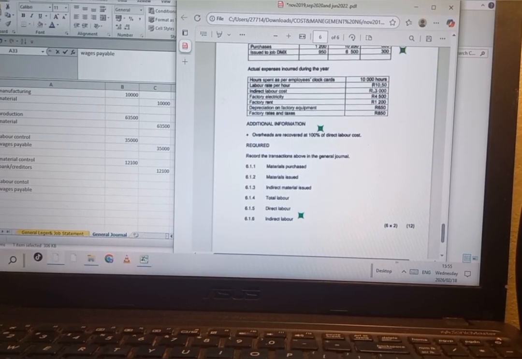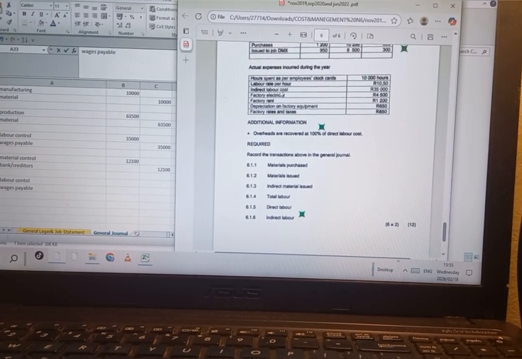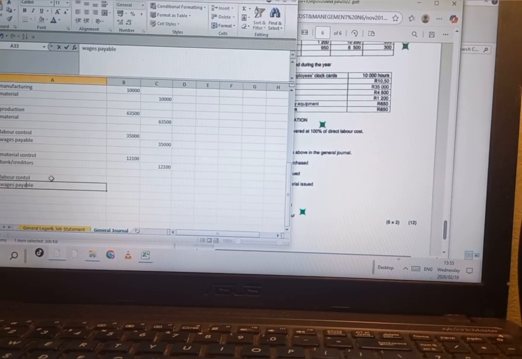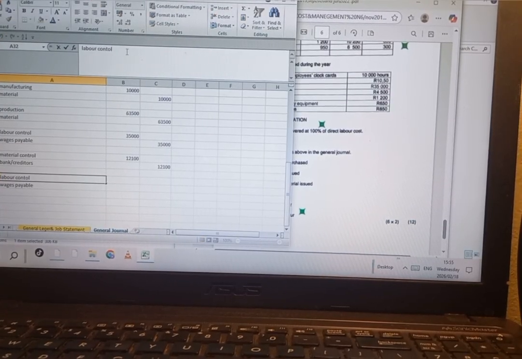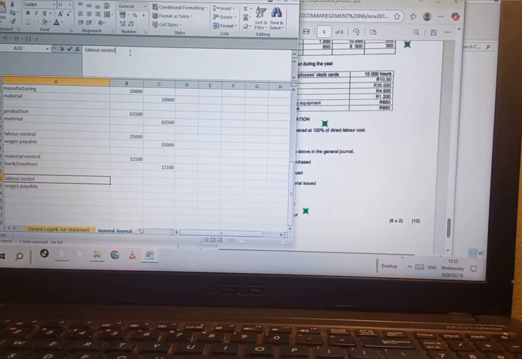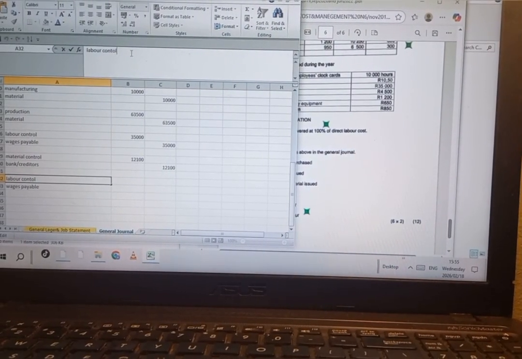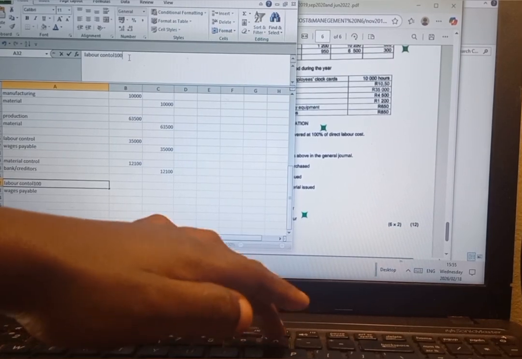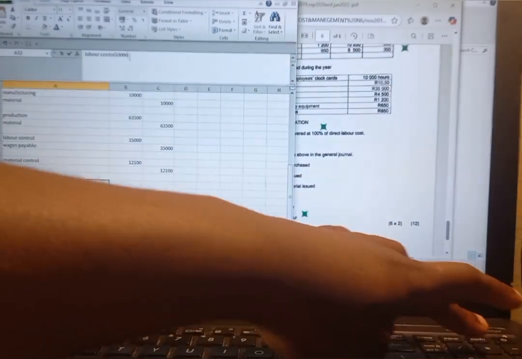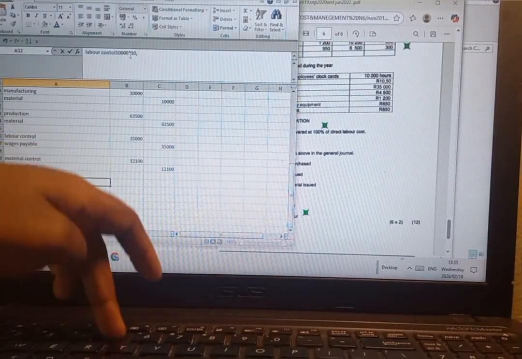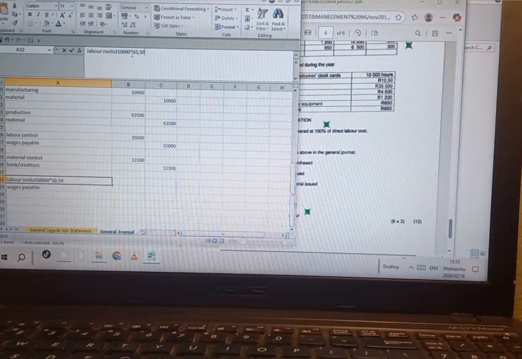Guys, we add the direct labor and indirect labor. But for the direct labor, we need to calculate, because we don't have the total amount of direct labor. So you take the total hours worked, which is 10,000, times the rate, which is 10.50, and then you get your direct labor.